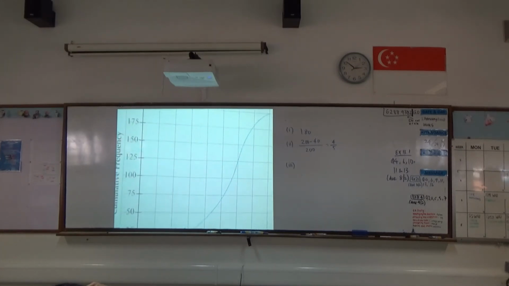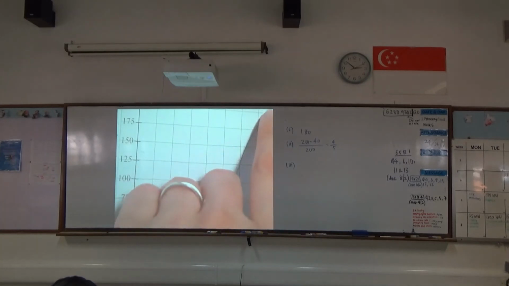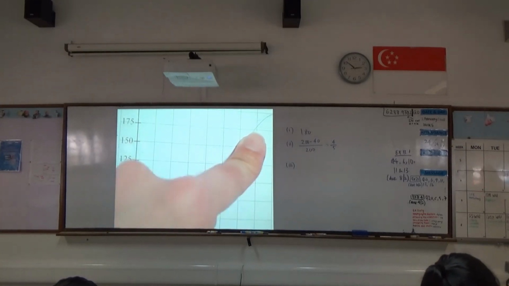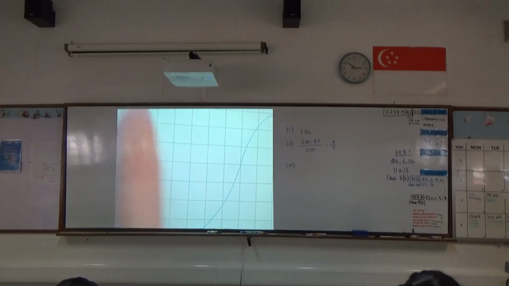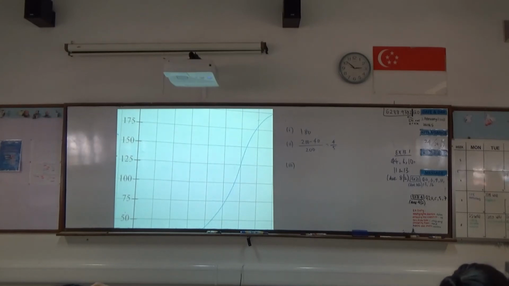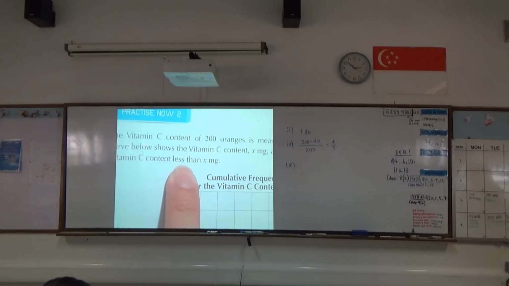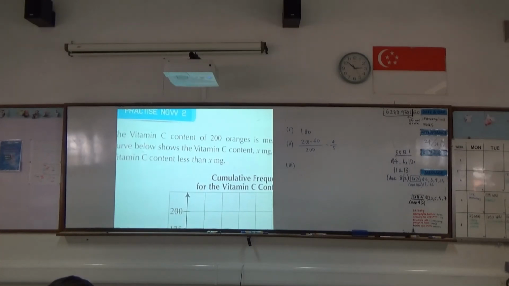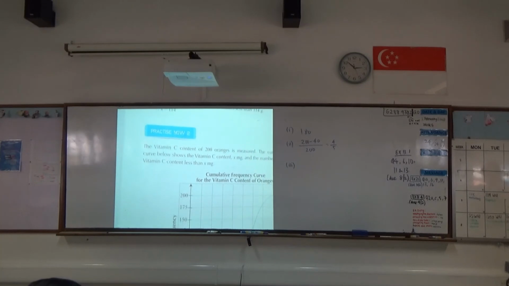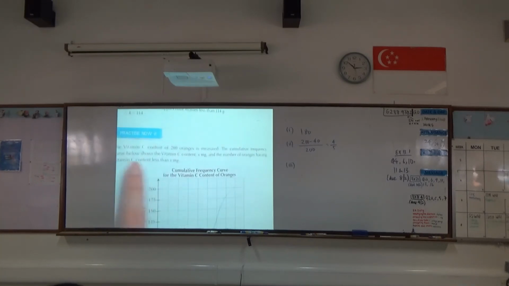I really don't think so. This question says that they are all about less than x mg. This is a less than graph. You understand?